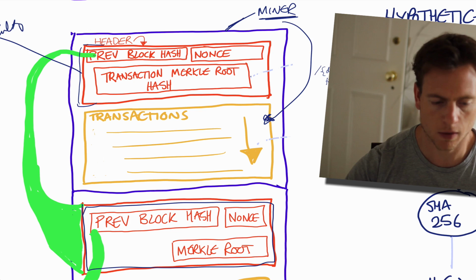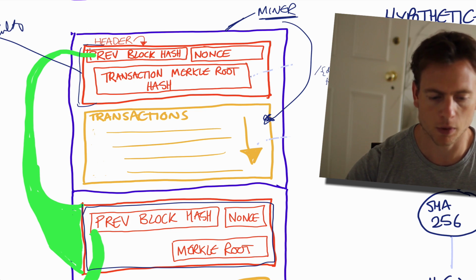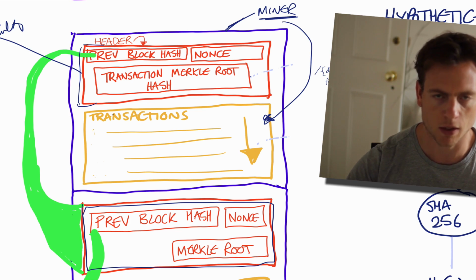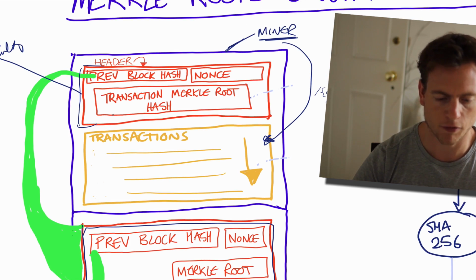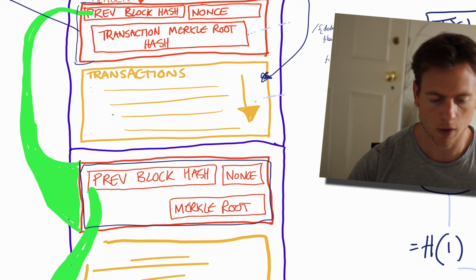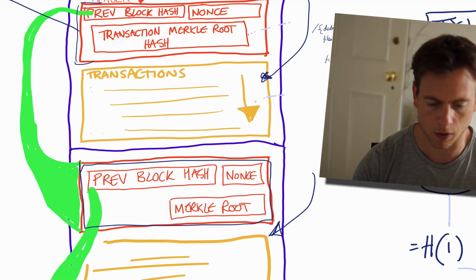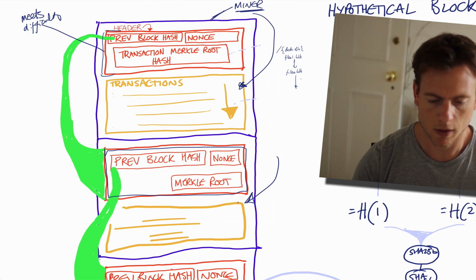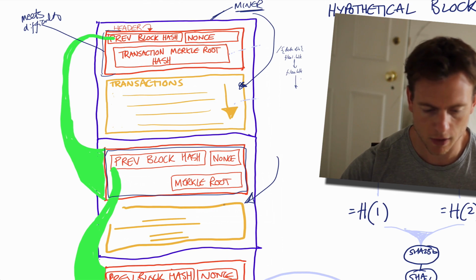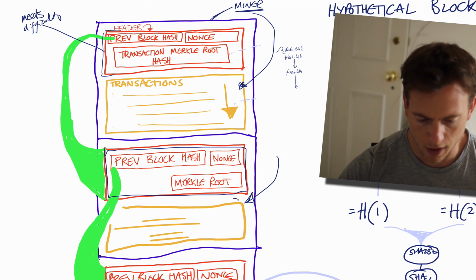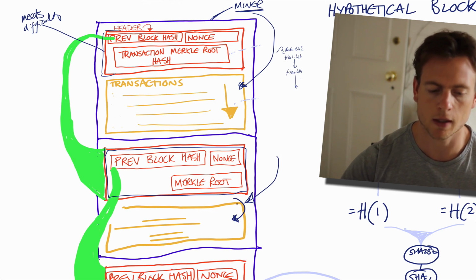Okay, so we know that the previous block hash is really important because this gives us a way to link blocks together. If somebody tries to modify the contents of this previous block, I'll zoom out again in a second, by maybe adding a new transaction in there, right?